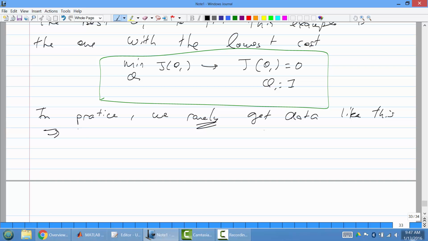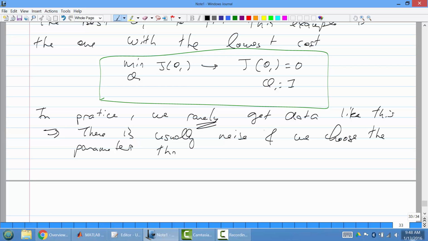There is usually noise. And we choose the parameters that give the smallest cost or the smallest error with the training data.